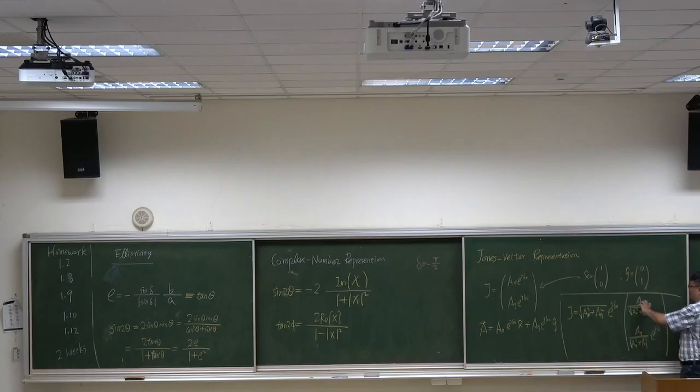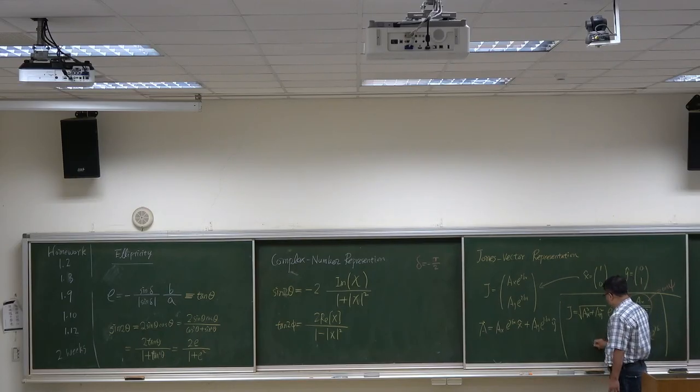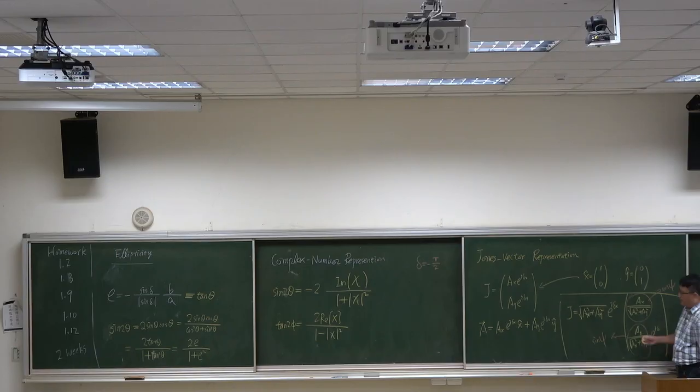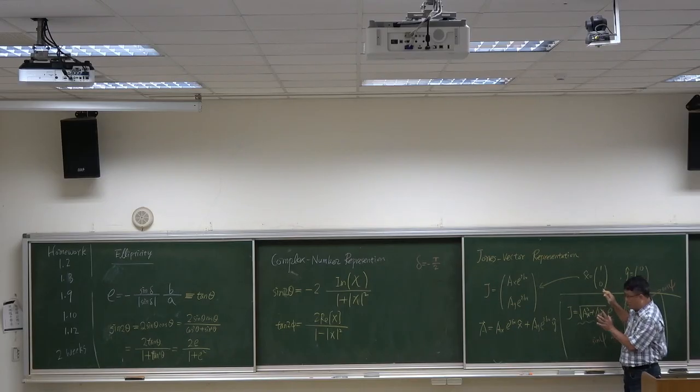You see, the sum of these squares gives us 1. So we can define this part as cosine psi. And we can define this coefficient as sine psi. Okay. And the overall amplitude and the phase are not important. We can just ignore that.